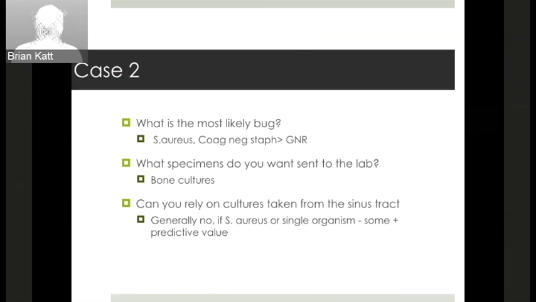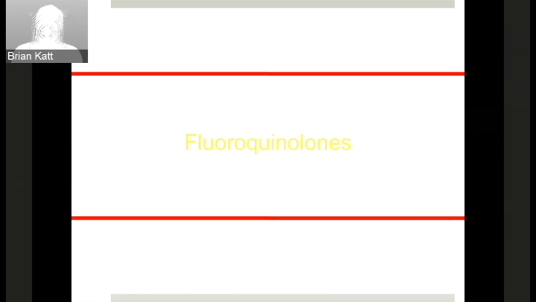But if you swab the sinus tract and you get 4 or 5 different pathogens, it's really unclear which of those is really causing issues and which have just colonized that area, unless it's Staph aureus or you just get one organism isolated.